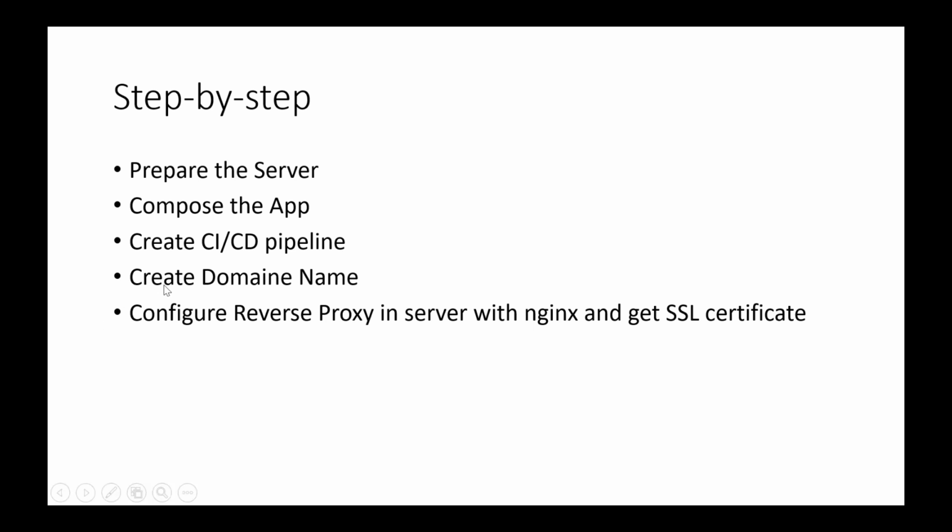And then I tried to create the domain name. There are a lot of websites that offer you to buy a domain name cheap, but this time I used spaceship.com. And the last step is configuring a reverse proxy server with the help of Nginx and getting the SSL certificate.